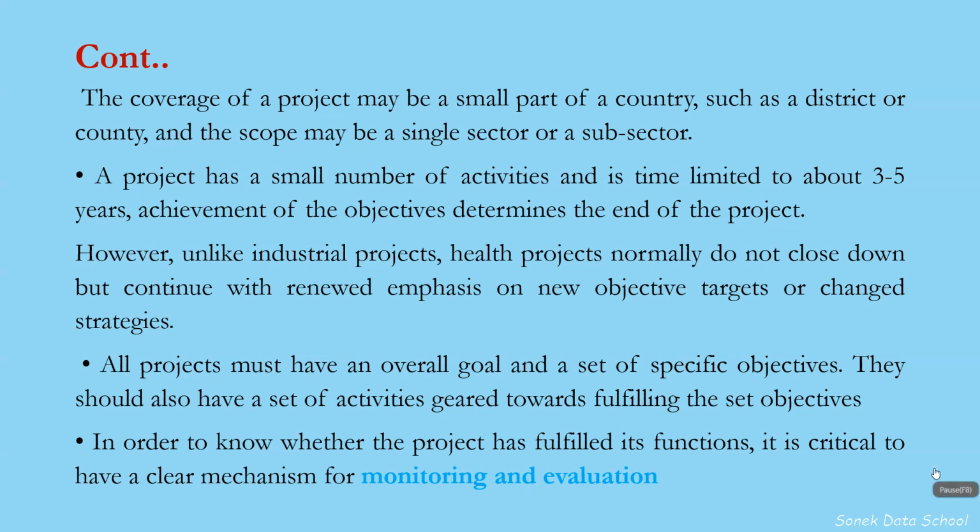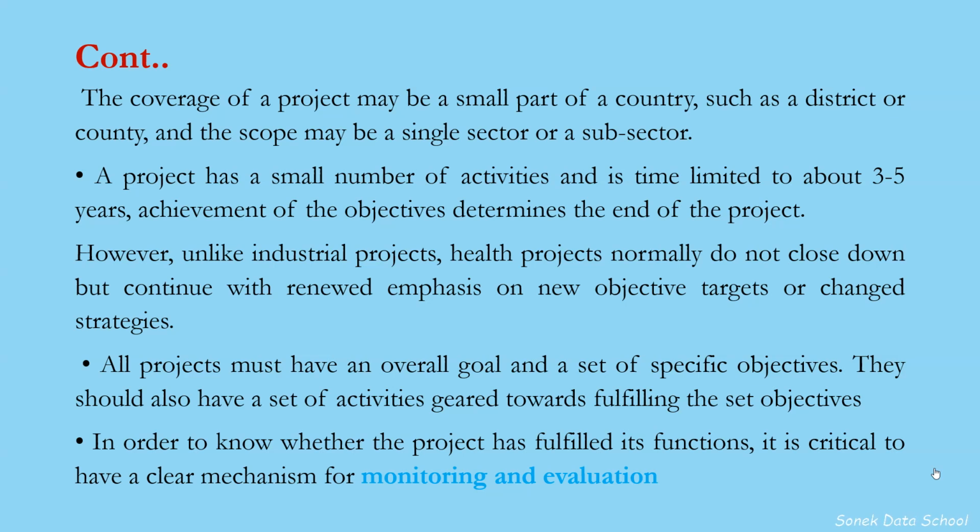So the coverage of a project may be a small part of a country, a district, or a county, and the scope may also be limited to a single sector or subsector. This is what will bring the difference between a project and a program, as we will define what a program is.